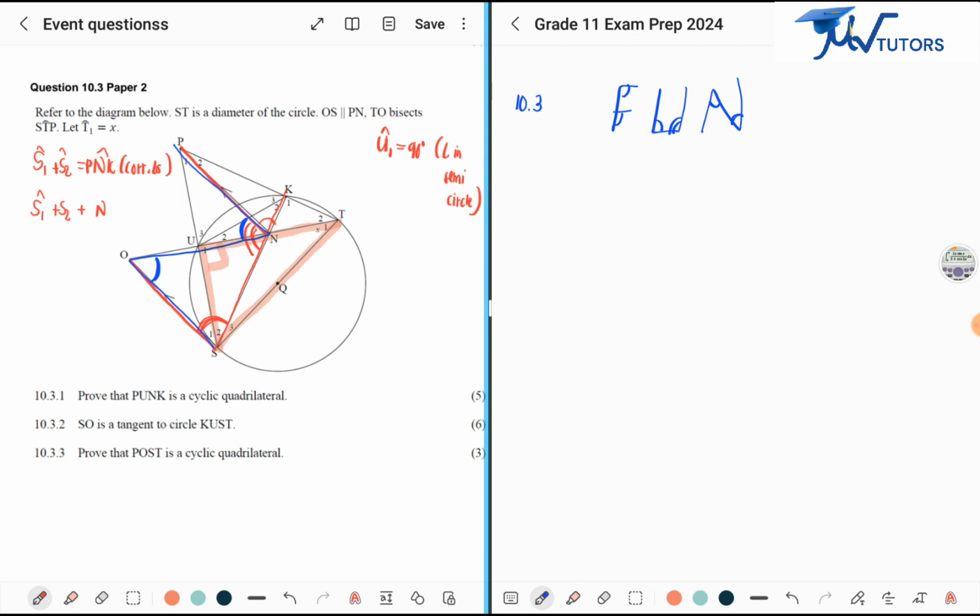And then with the co-interior, I should say SNP. Okay, so that's equal to 180 degrees, and that's co-interior. And then with the alternating angles, I would say O is equal to ONP. Okay, and that is alternating angles.